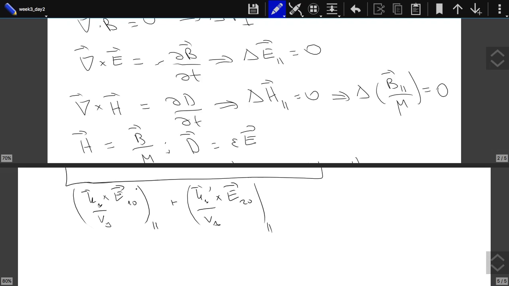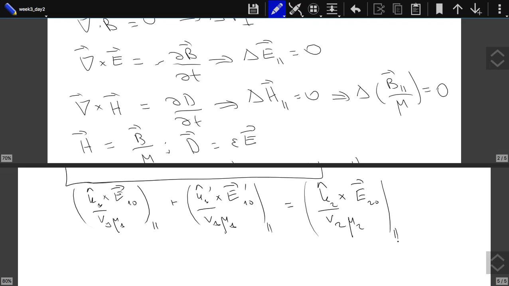I should take the parallel component. This should be equal to K2, so these are unit vectors, K2 unit vector cross E20 divided by V2. Of course, I also have mu1 and mu2. Again, I should take the parallel component.